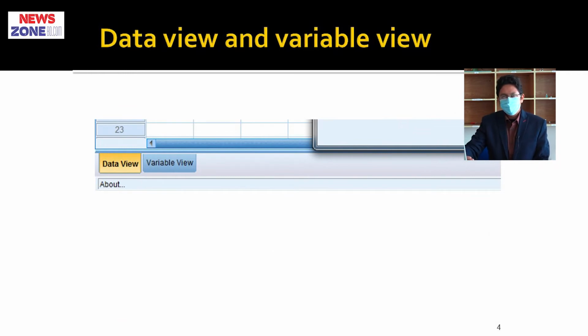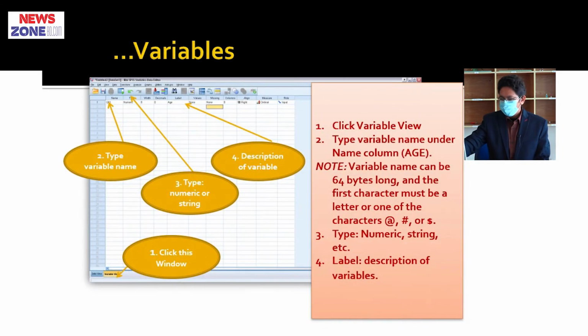At the bottom left, there are two tabs. One is data view, another is variable view. First of all, we have to create a form or variables to enter data. So, we have to click on the variable view, then this interface will come up and we shall have to write down the variables.